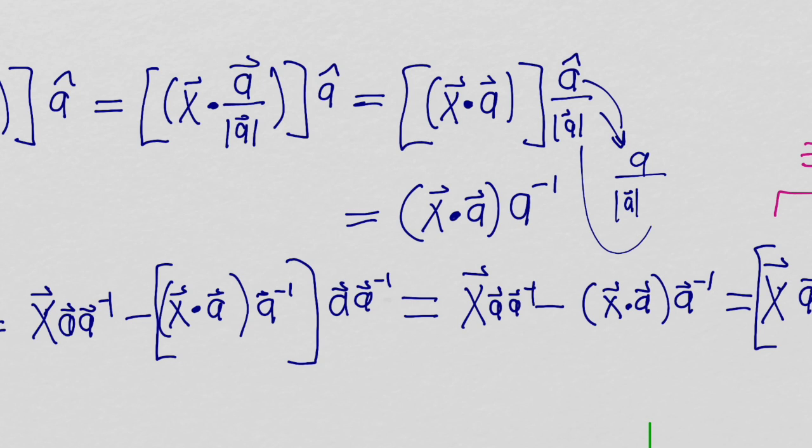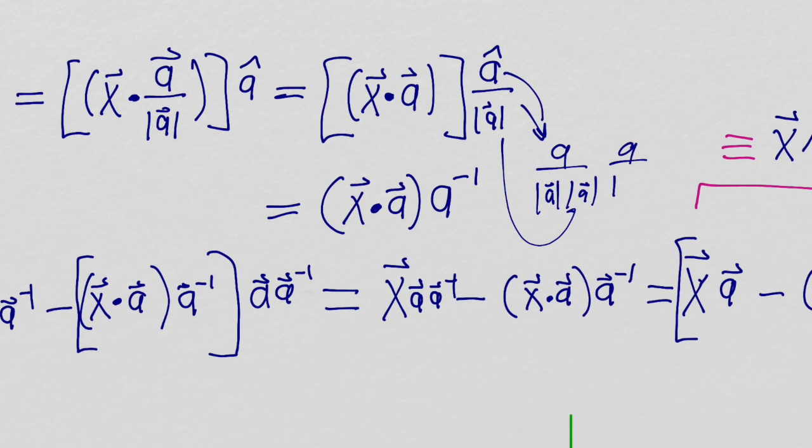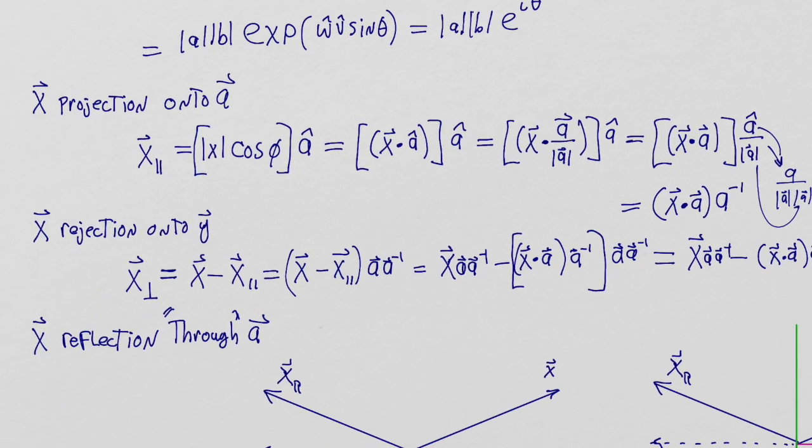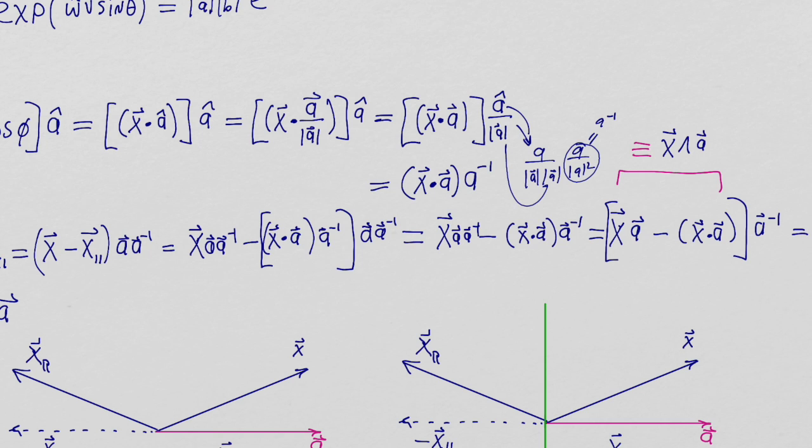And then you get another factor of the magnitude of a down below, which is a over the magnitude of a squared, which is the definition of a inverse, right? So we end up with x dot a times a inverse, and that equals the projection of x onto a, right? So that's a nice thing to know.